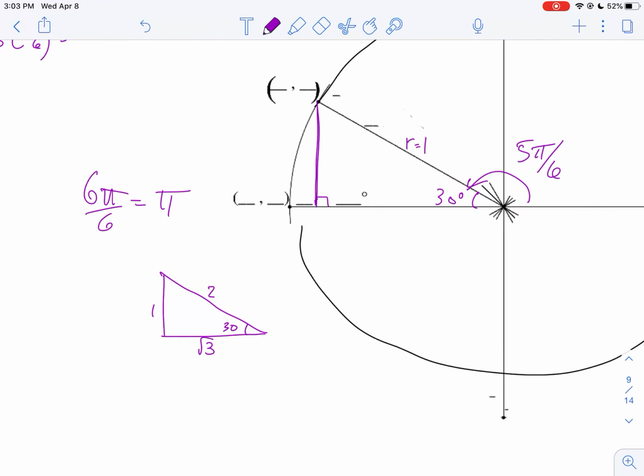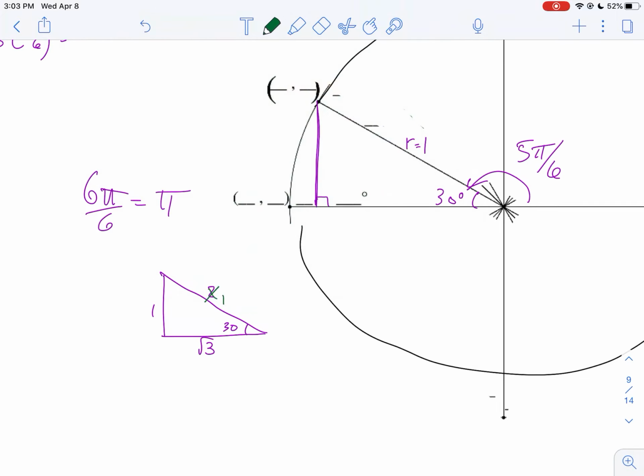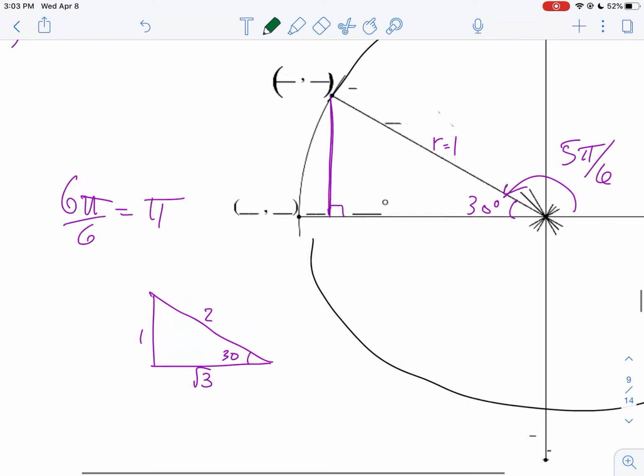So I've got 1, 2, square root of 3. The problem is this triangle here has a radius of 1, or hypotenuse of 1, instead of here we have 2. So that means we have to adjust the other side length.